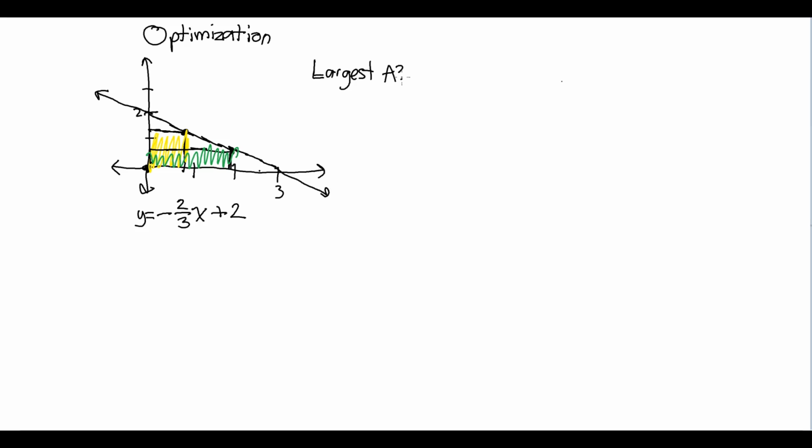Okay, so the largest area, we need to find an equation for area. Okay, so we know the area equals length times width. So area equals x times y. Now, because area equals x times y, we have two variables. We can only have one.